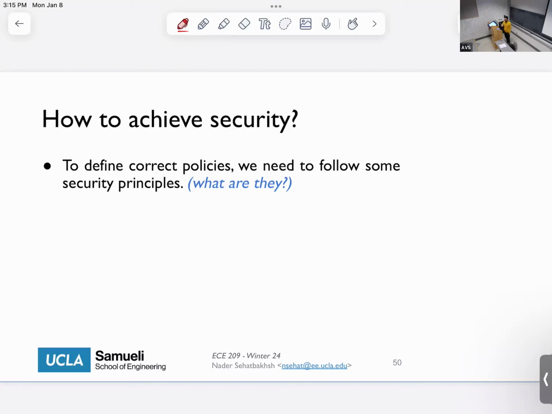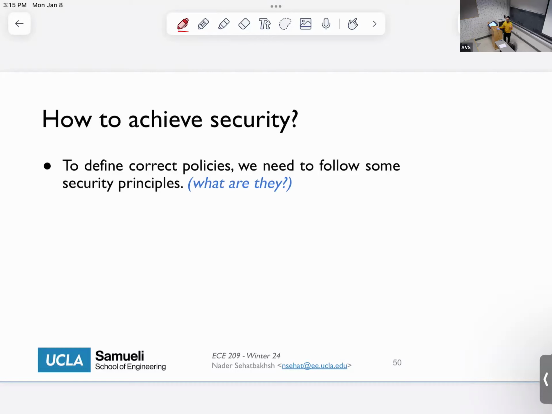So we usually define these policies based on some principles, okay? Policies are not like mathematics that I can prove to you. It's mostly based on experience, domain-specific knowledge, and of course some theory, but mostly it's non-theoretical, okay?